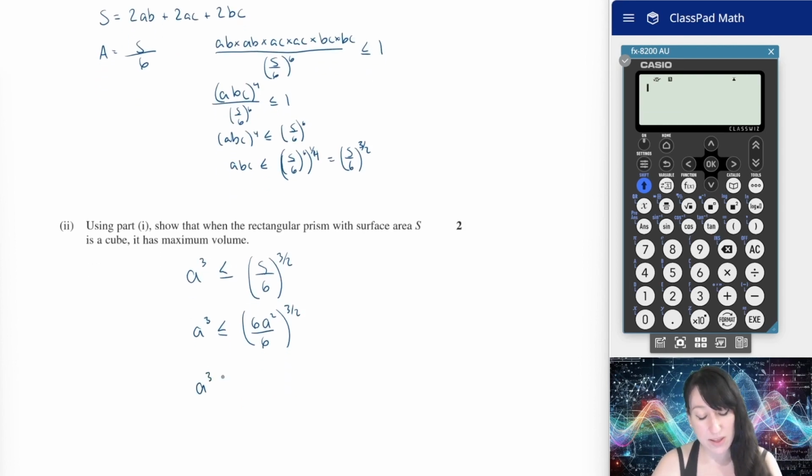So we have a cubed is less than or equal to a to the power of 3, and a cubed is its volume. So we have that its volume is less than or equal to a cubed, but we know its volume is equal to a cubed. So if a cubed is the upper limit here, then the cube has the maximum volume.